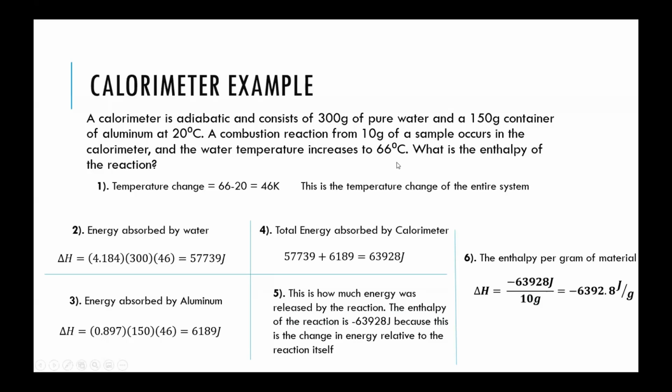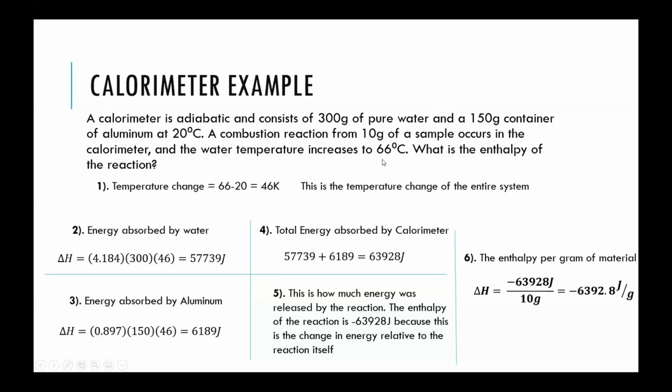What is the enthalpy of the reaction? So you don't know what the sample is. You're given a mass, but you do know the mass of water and of the calorimeter, as well as what they are. They're two pure substances, water and aluminum.